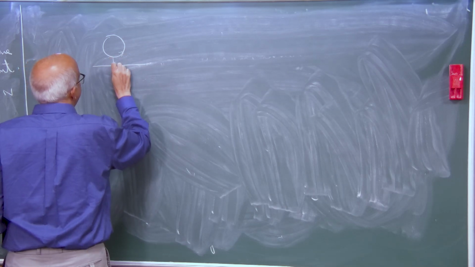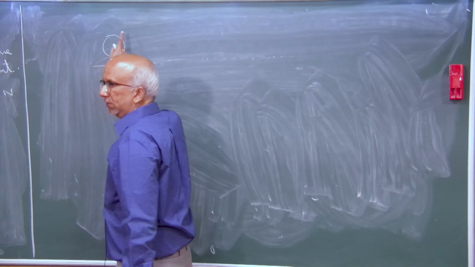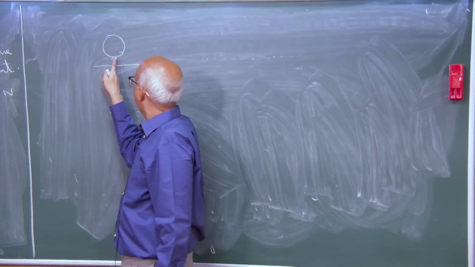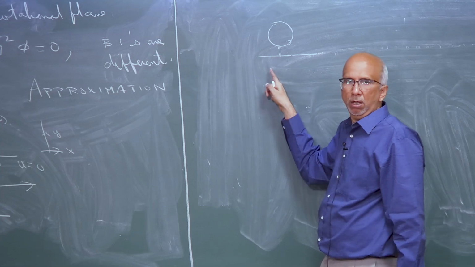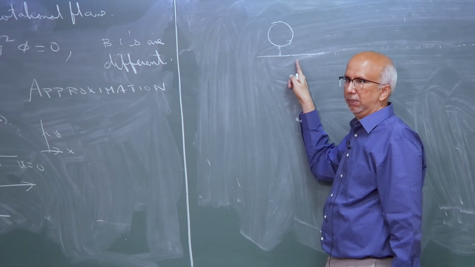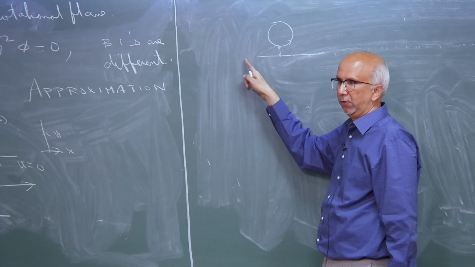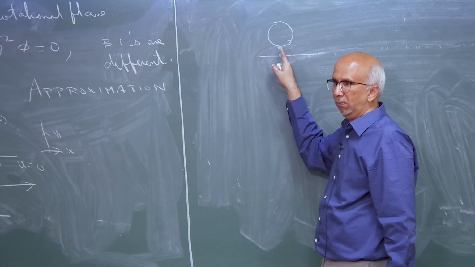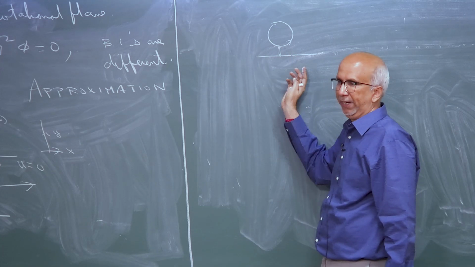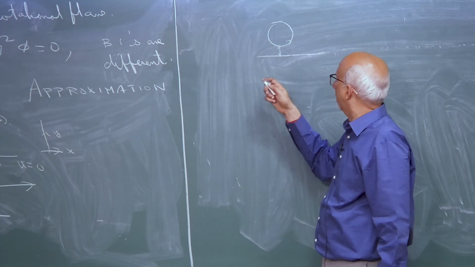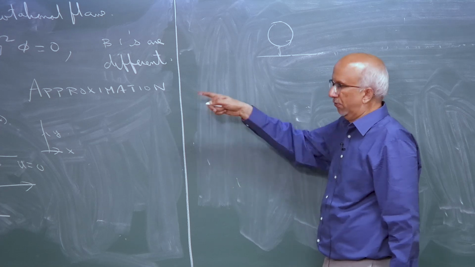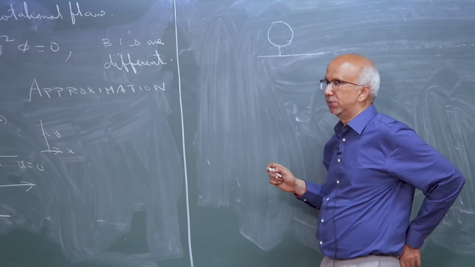Because this is circular, the gap between this wall and this wall is going to keep changing, it is not flow between flat plates. In these problems we want to figure out what stresses and forces are going to arise. This is one of the classical examples where a lubrication approximation is used.